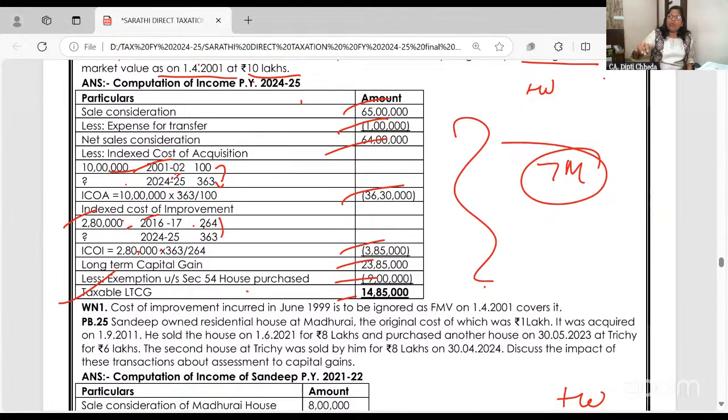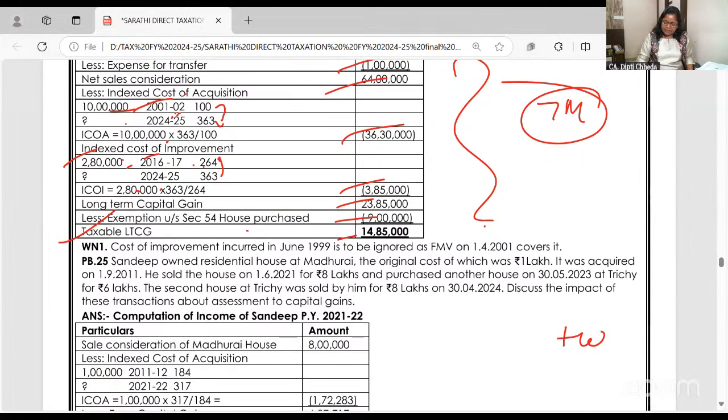But when the pen flows, you will do it faster. You need more time to read and do the things in your business head and all. But here it is very easy. Sale consideration, less expenses, net sale consideration, cost of acquisition, improvement, all put together, you have got the capital gain. Okay, right.